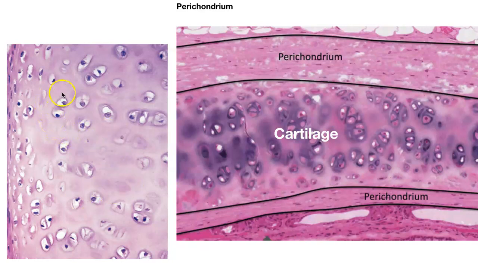So why do we have these lacunae? Here is our perichondrium that's surrounding our avascular cartilage. Remember, perichondrium is a dense, irregular connective tissue that is very vascular. So we're going to get diffusion of nutrients and oxygen into the cartilage to feed our chondrocytes.